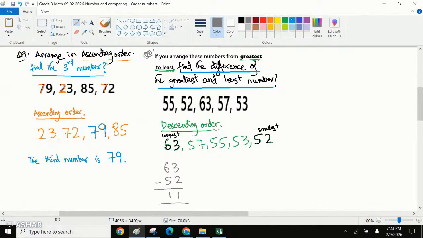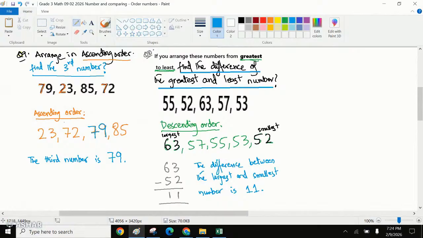So we can say the difference between the largest and the smallest numbers is 11. Agreed? Thank you, Job.